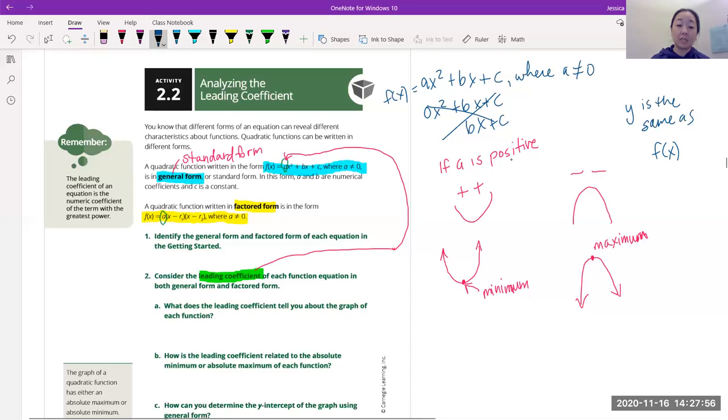So if A is positive, or the leading coefficient is positive, then it is going to be open up, which means that we're going to have a minimum point right there, right? Because if it's open up, we have a lowest point, okay? And if it's open down, right, then we have the highest point, okay? And if it's the highest point, we call that a maximum.